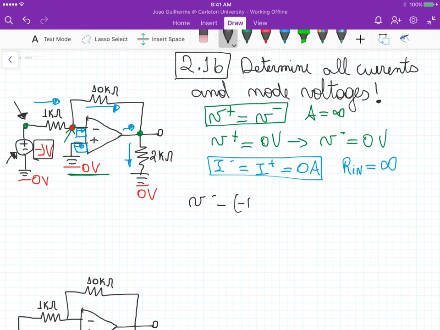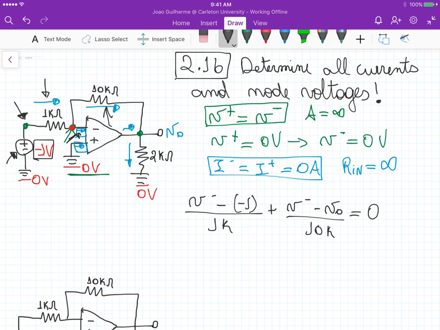So (V minus minus 1) divided by that 1k plus (V minus minus V out) divided by 10k should be equal to 0, because this current here is 0. So we have only this current here and this one here.